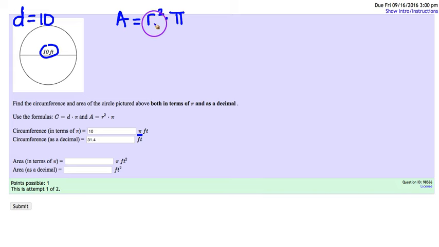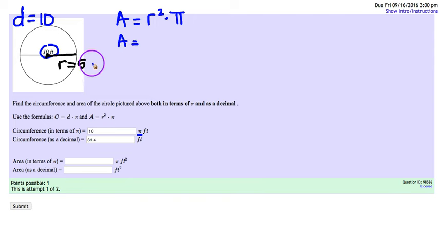Now here, I was given the diameter, okay? The radius would represent just half of it. So from the center to a point on the outside of the circle, that is called your radius. So if my full length is 10 feet, the radius would be 5 feet. So I'm going to go ahead and plug it into my formula.